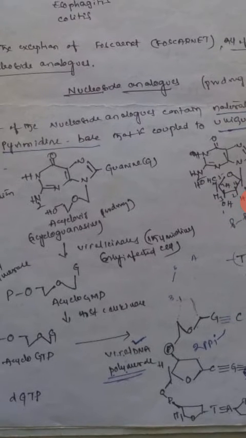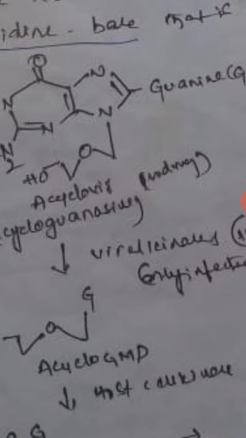The main difference is that it consists of an acyclic sugar. That's why it's called aciclovir. Acyclic means it does not contain a cyclic sugar.